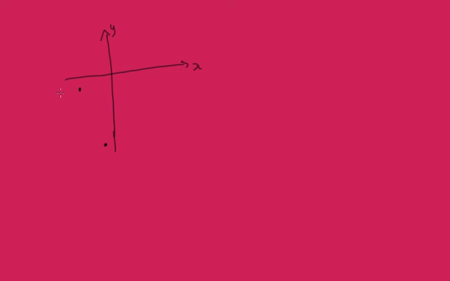So we'd have B here, minus 4, minus 2, going down to C, minus 1, minus 11, and then A is 11, 3. And this is our right angle.